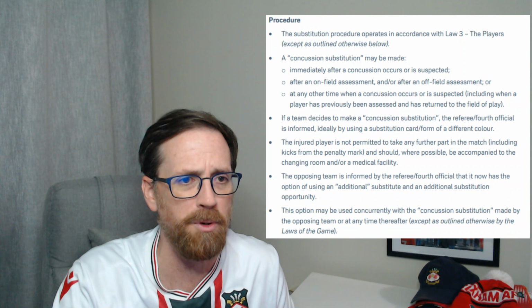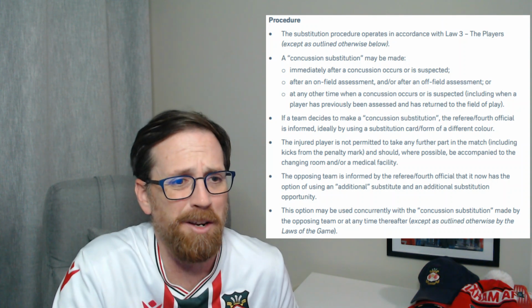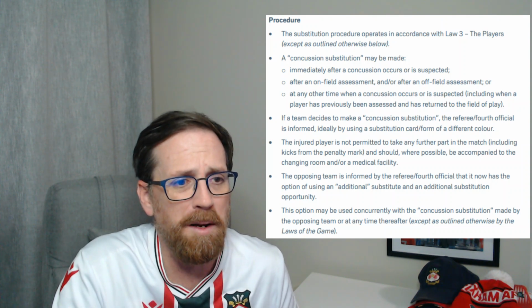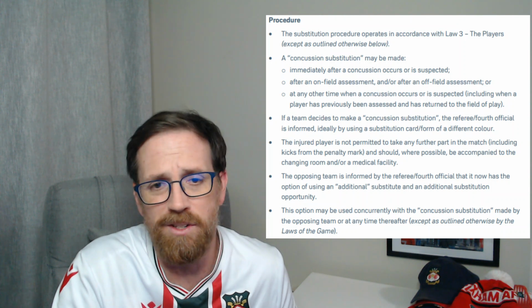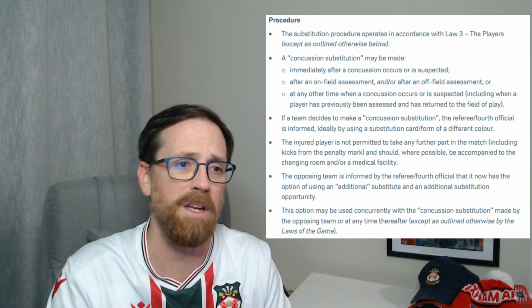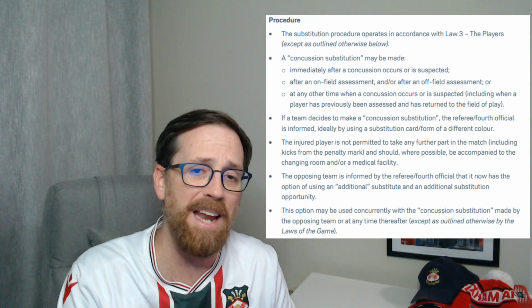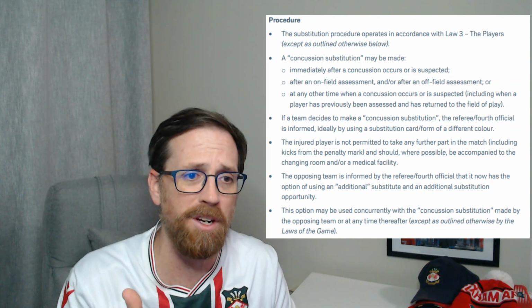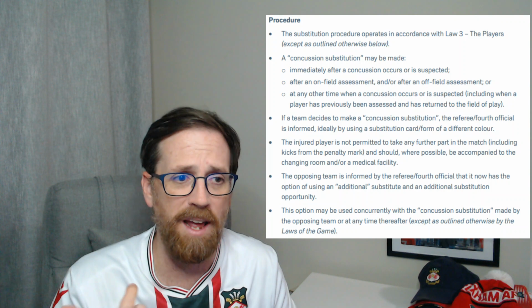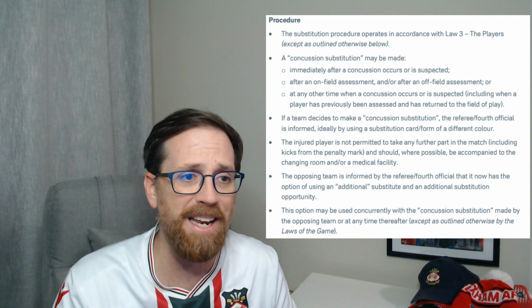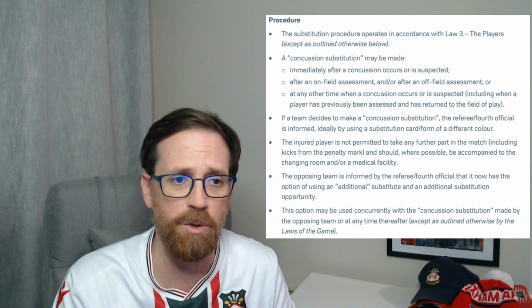I'll put the information up for the procedure here. There's not much with the procedure that I think is necessarily important or interesting, except that the injured player is not allowed to take part, and maybe most importantly, the concussion substitute could be made at any point. It can be immediately after the concussion occurs or is suspected. It can be done after an assessment, or it can be at any other time when a concussion occurs or is suspected.